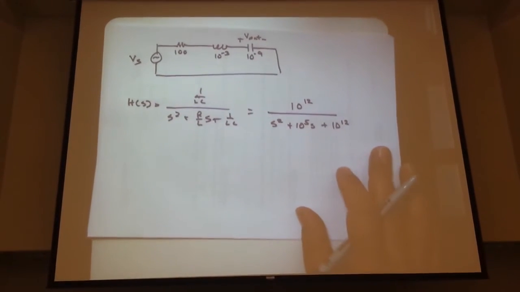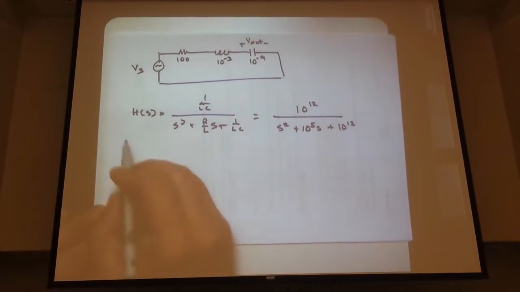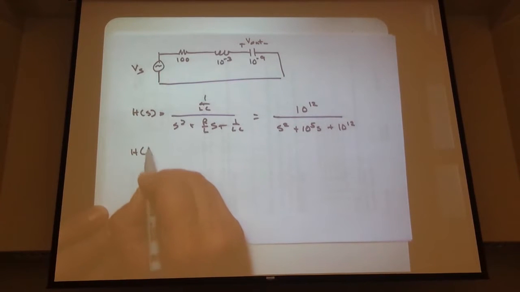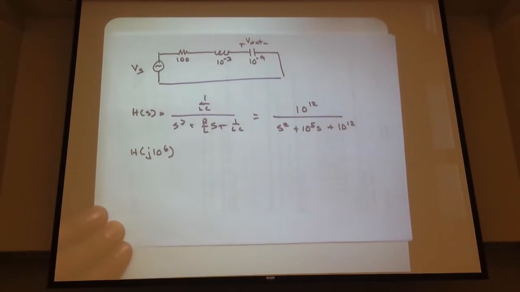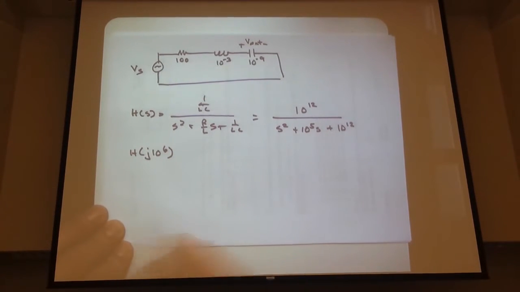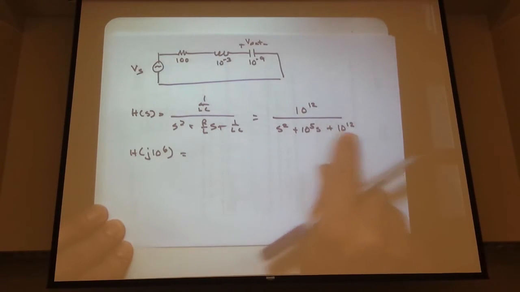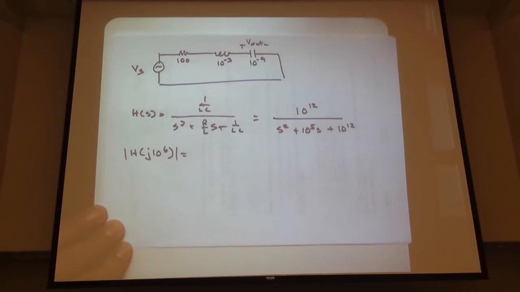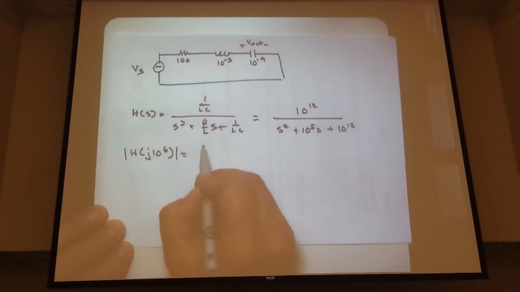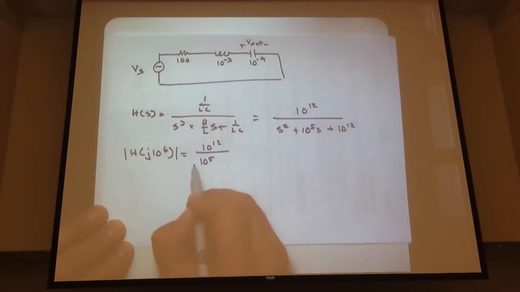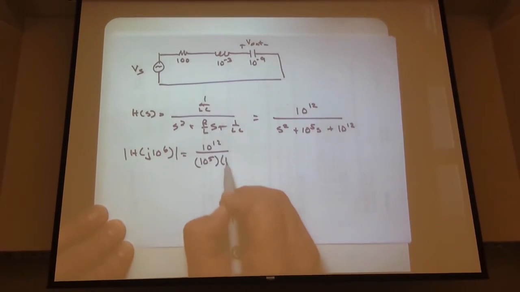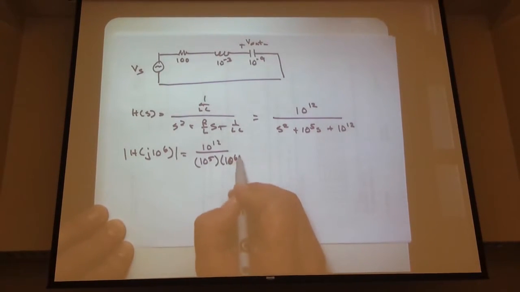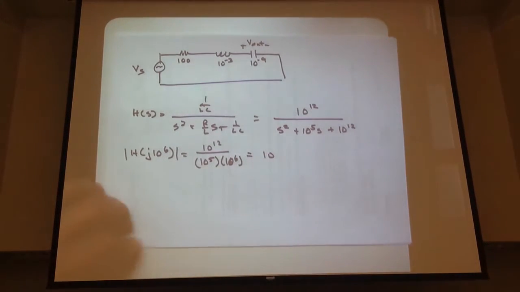So let's look at H of j omega. In this case, j 10 to the 6, omega naught 10 to the 6. And once again, I hope we agree these two terms are going to cancel. We are looking at magnitude, so I'll just draw that in right now. 10 to the 12 over 10 to the 5 times 10 to the 6 equals 10.